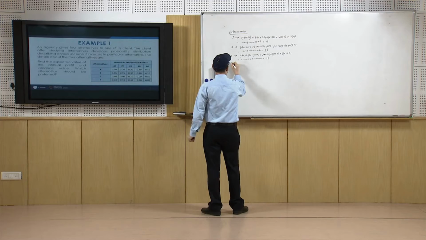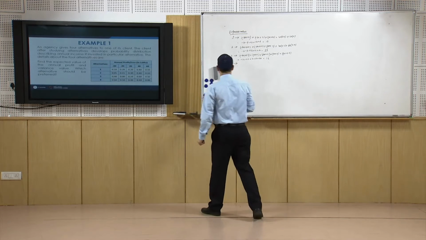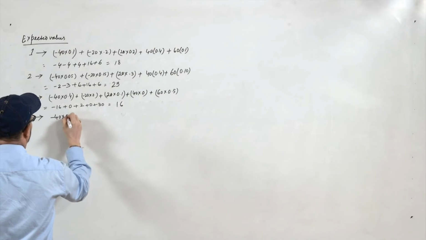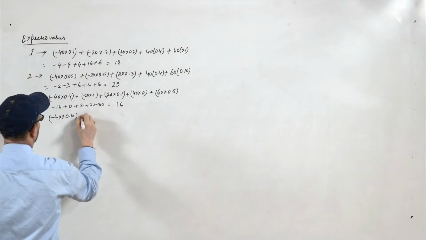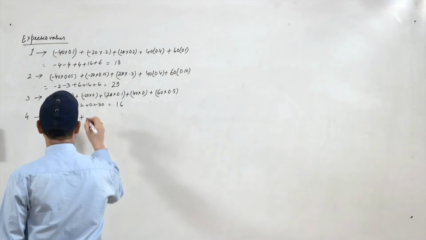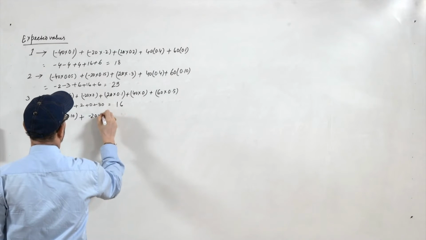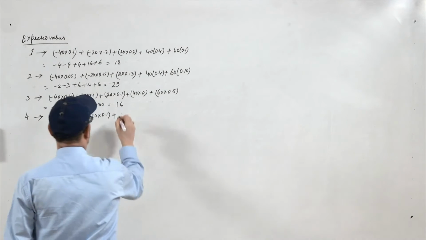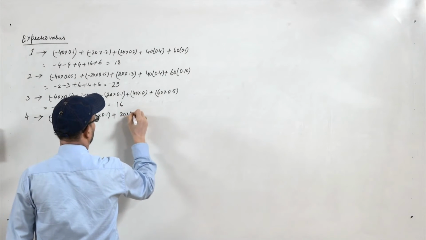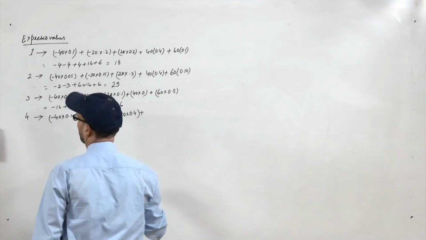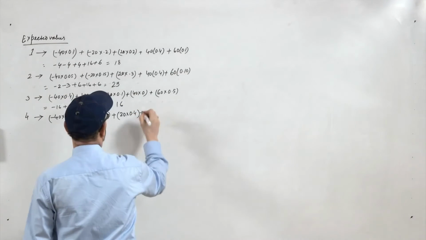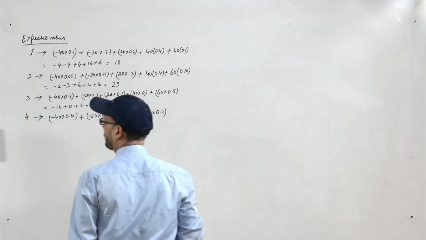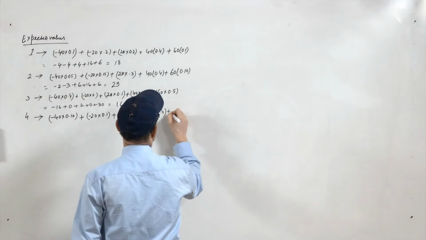Then for the fourth alternative, we have minus 40 into 0.1, plus minus 20 into 0.1, plus 20 into 0.4, plus 40 into 0.4, plus 60 into 0.